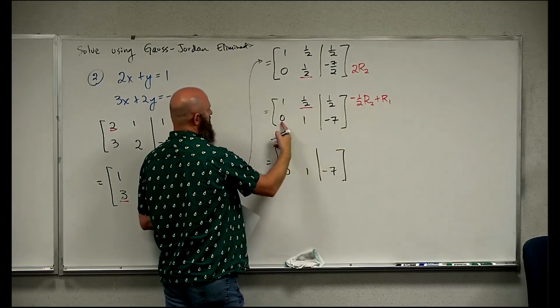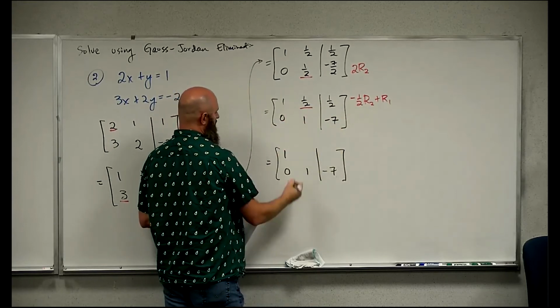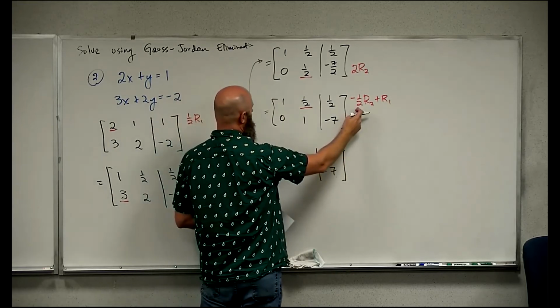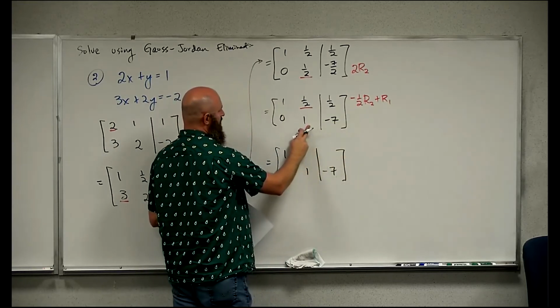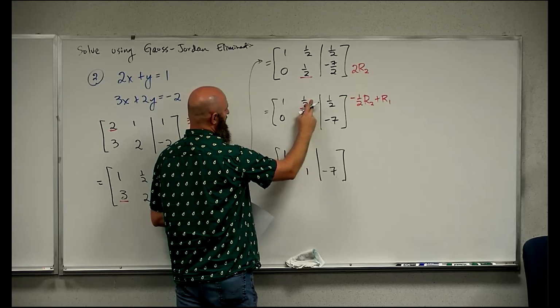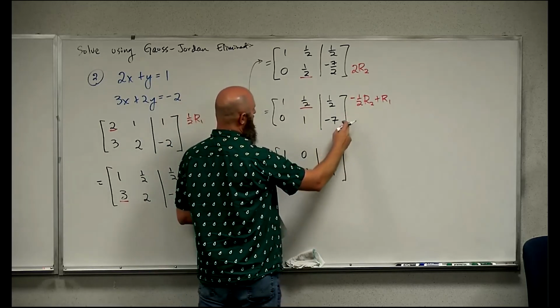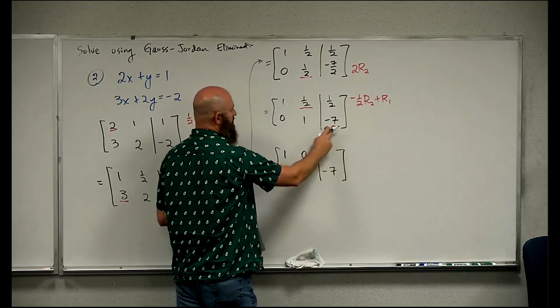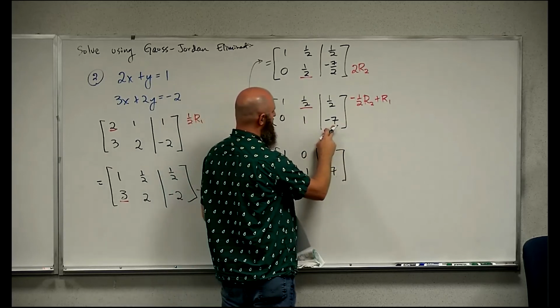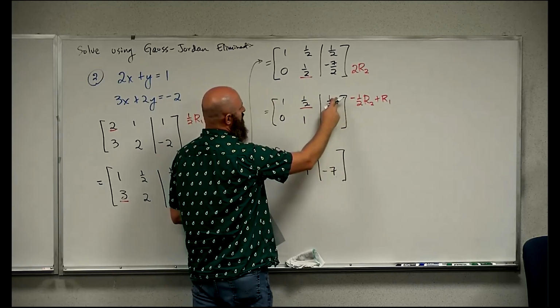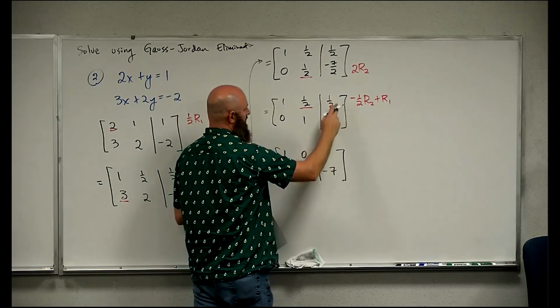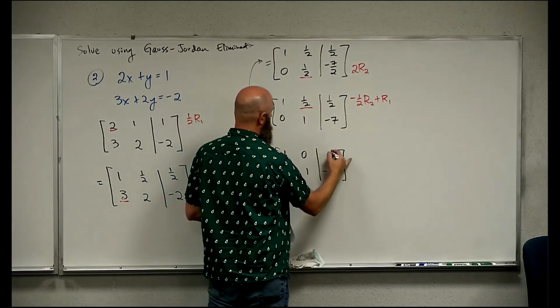-1/2 times 0 is 0, plus 1 is 1. -1/2 times 1 is -1/2, plus 1/2 is 0. -1/2 times -7 is a positive 7/2, plus 1/2 is 8/2, which is 4.